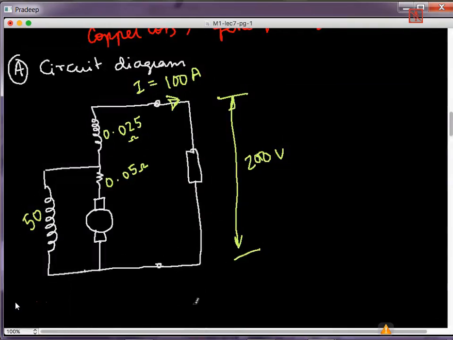So from this, what is the drop in the series winding? Drop in series winding.